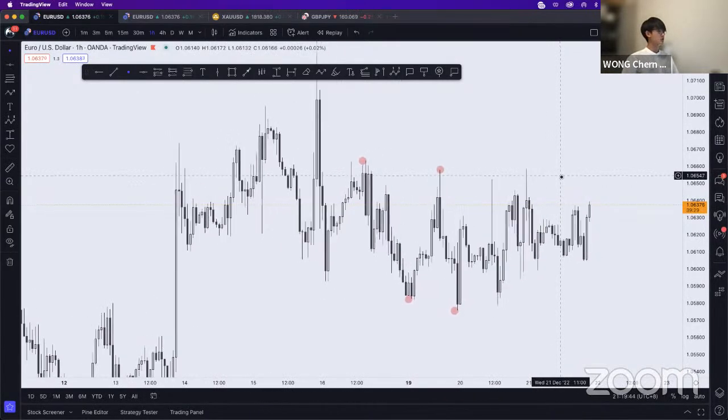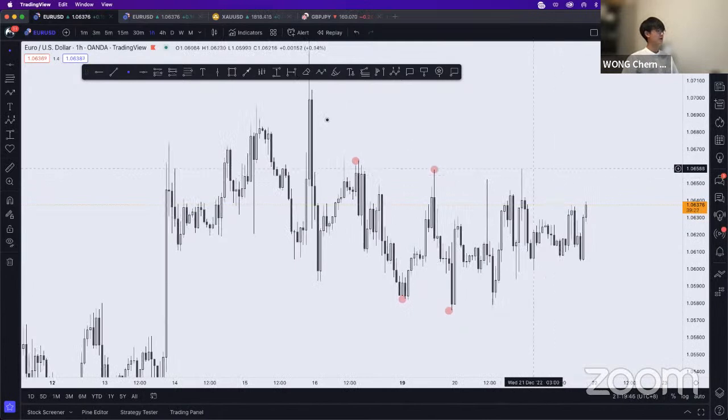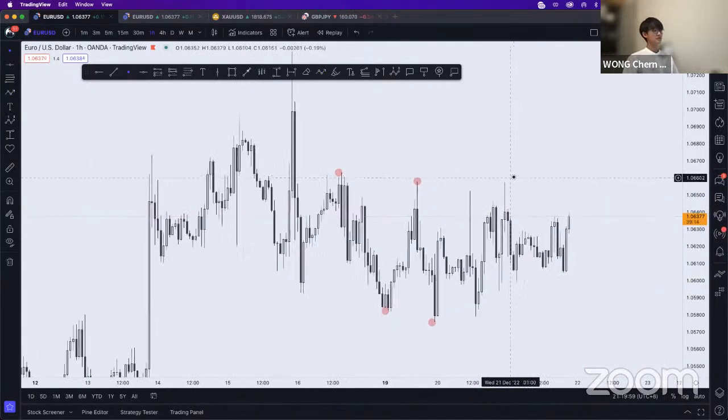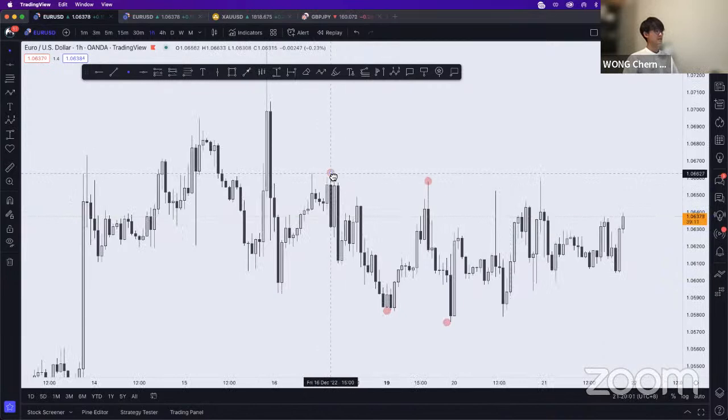If you would like to trade the market, be sure to scalp here and there, because it is in a tight range going up and down with no clear direction. So this will only work if you are scalping.